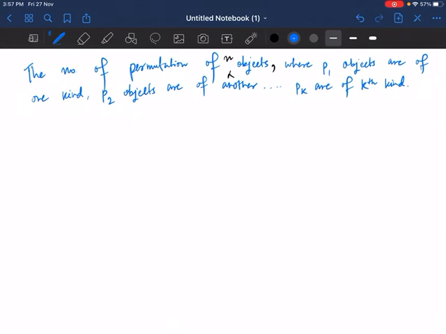So here we are doing permutation of n objects where p1 objects are of one kind, p2 objects are of the second kind, and pk objects are of the kth kind.